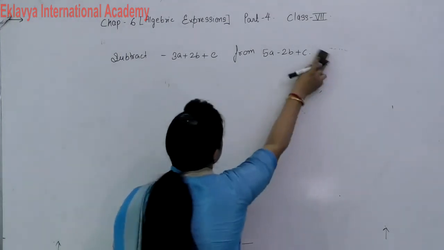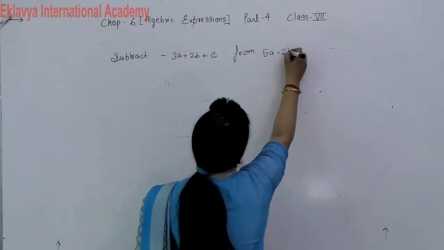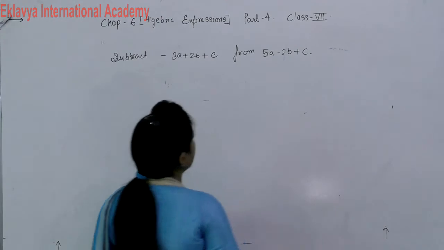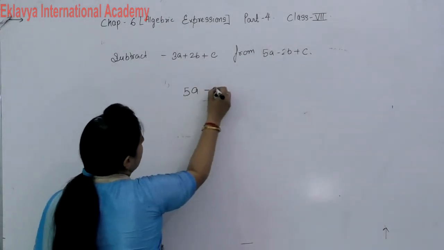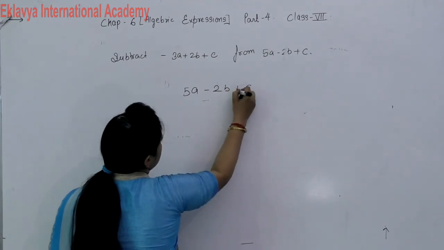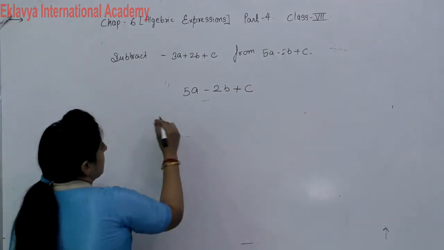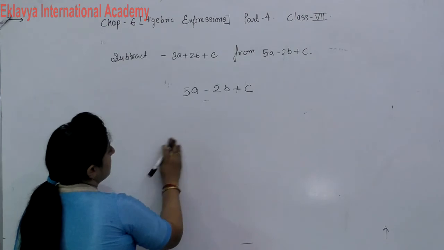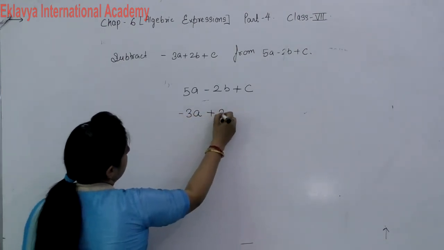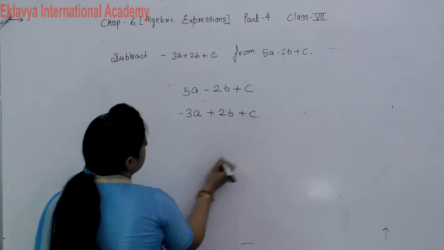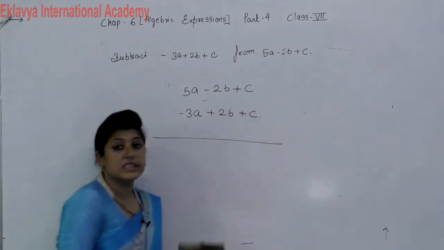Another example. Okay, if I want to solve this by the column method, then firstly I write down 5a minus 2b plus c, then I write down minus 3a plus 2b plus c. We are doing the subtraction.